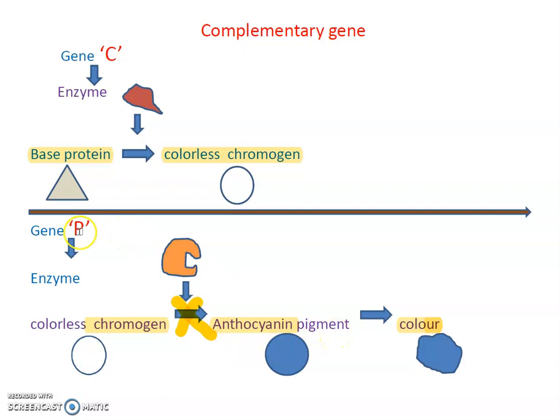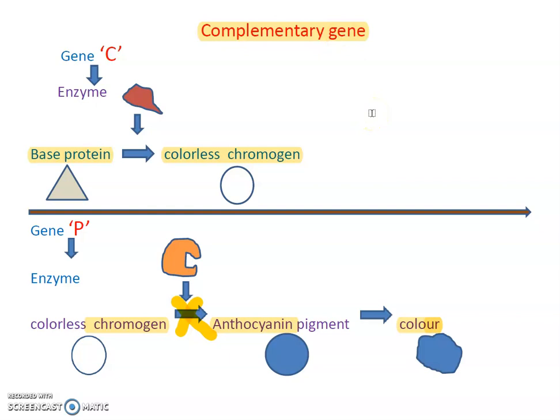The main function of the enzyme is conversion of colorless chromogen into anthocyanin. If the enzyme is absent, there is no formation of anthocyanin pigment, and so there is no development of color. So color development depends on gene P and gene C. If both genes are present, then color develops. So these genes are called complementary genes.